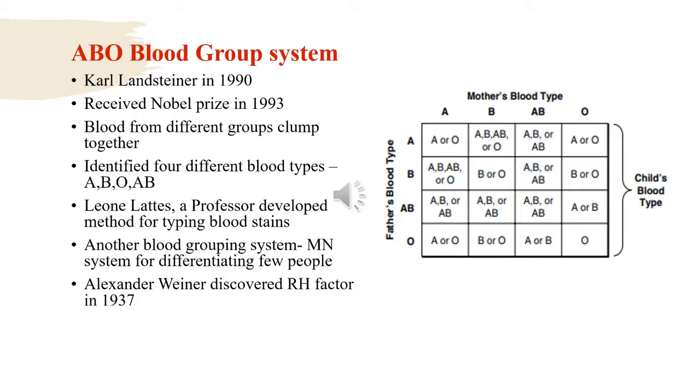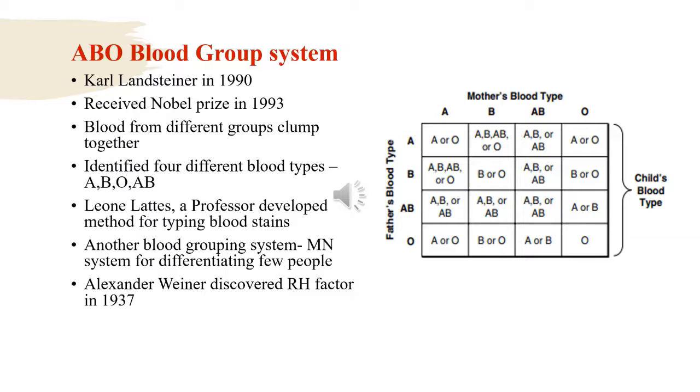Leone Lattes, a professor at the Institute of Forensic Medicine in Italy, developed methods for typing dried blood stains with antibody tests for the ABO blood groups, and this genetic data was presented in an Italian court in the year 1950. Over the next few decades, ABO blood typing was used for forensic cases in England and spread to European countries and also to the United States.